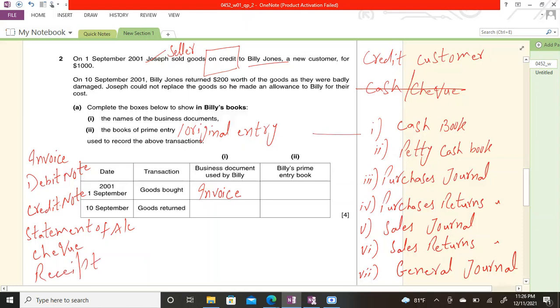So six business documents we need for the O level and IGCSE syllabus, and seven books of prime entry.